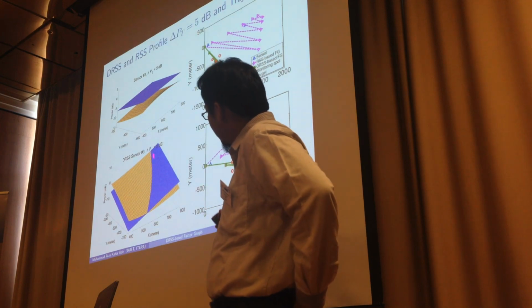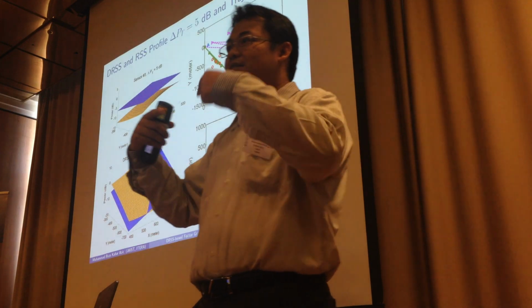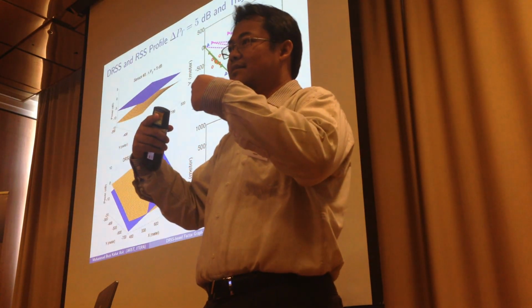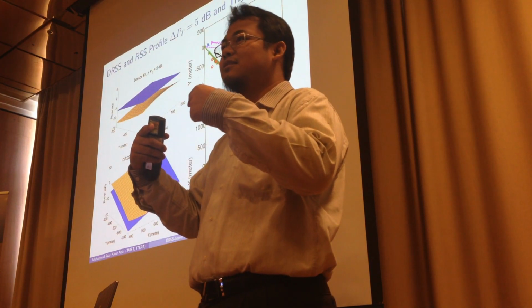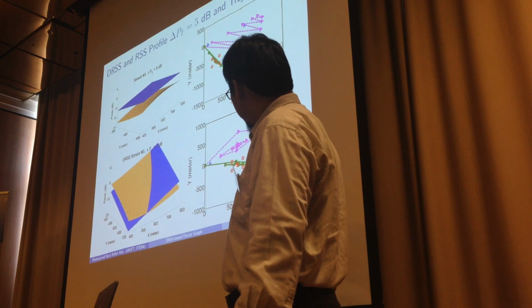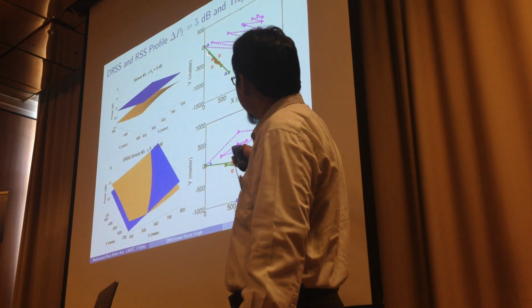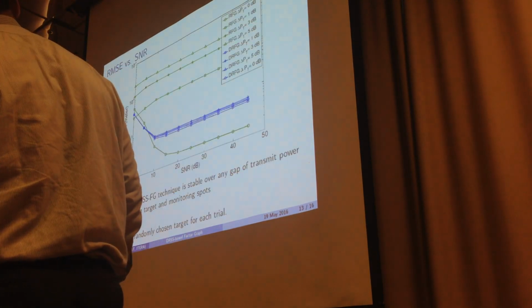But in DRSS, there are intersections. So by subtracting RSS, we eliminate the necessity of knowing the transmit power. So we can reach the targets with better, high performance.